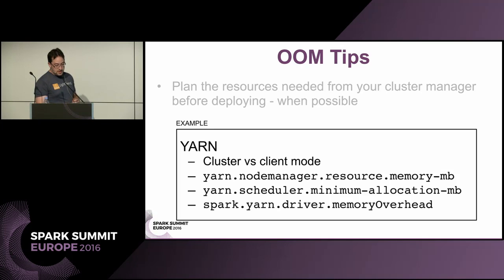You've got the YARN node manager resource memory MB, as well as the scheduler minimum allocation MB, which are ways to deal with how much memory your container itself is going to take up. And then the other one is the driver memory overhead. That's going to take place if you're using cluster mode, and it says how much off-heap memory is allocated for that driver that you're setting up there.